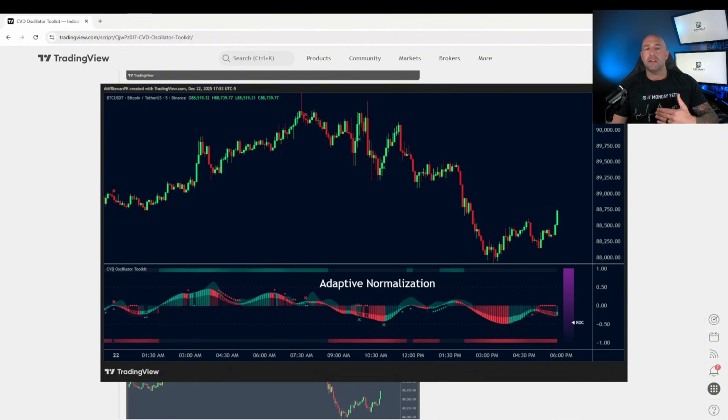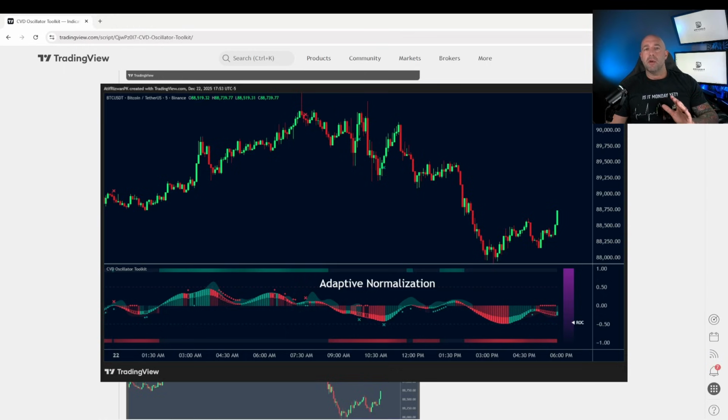In adaptive mode, normalization responds to recent behavior, allowing the oscillator to self-scale as volatility and market conditions change. This keeps the reading responsive and readable across shifting environments.